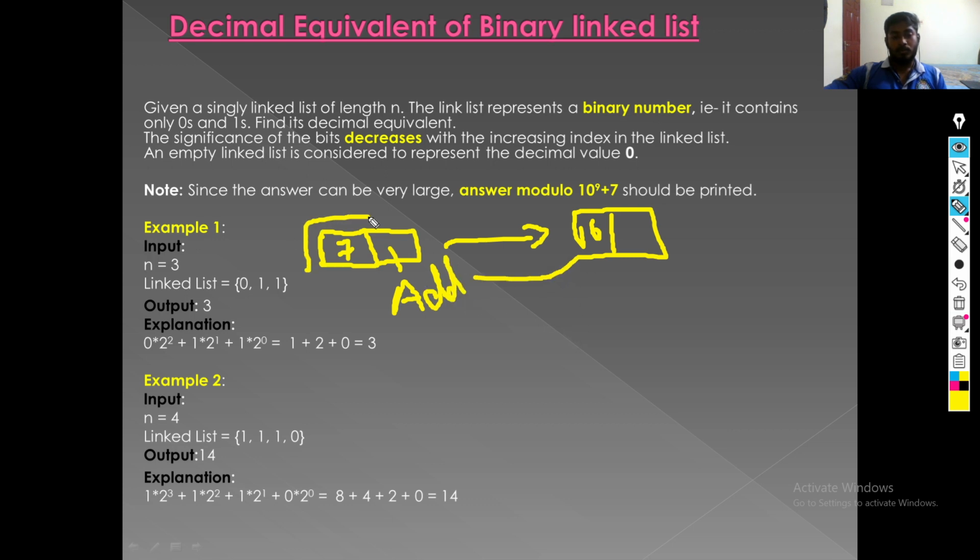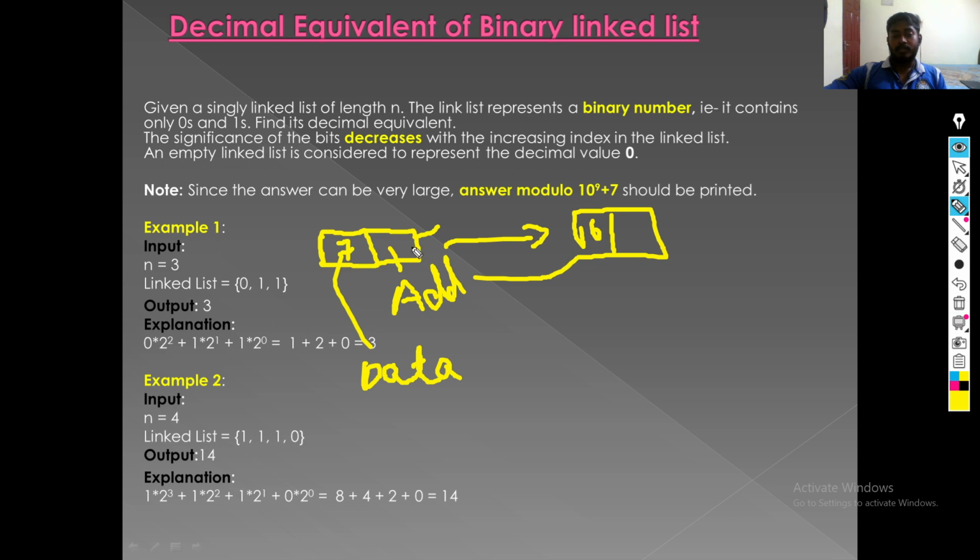This whole thing is called a node. The first place is known as data. The second thing is called the address part. Likewise, it is attached to this particular node.